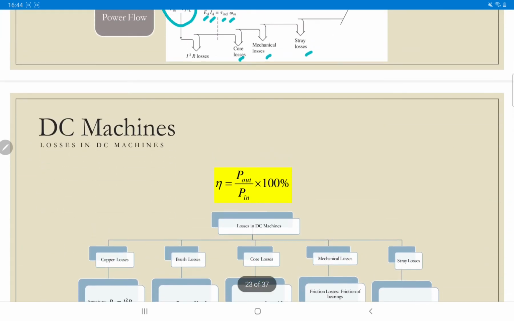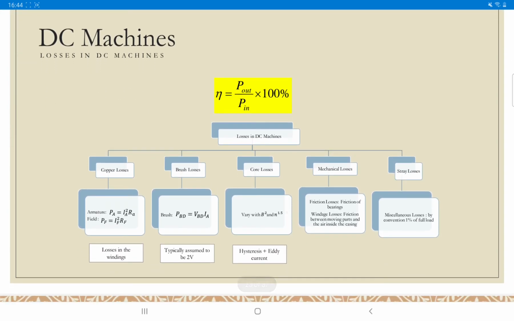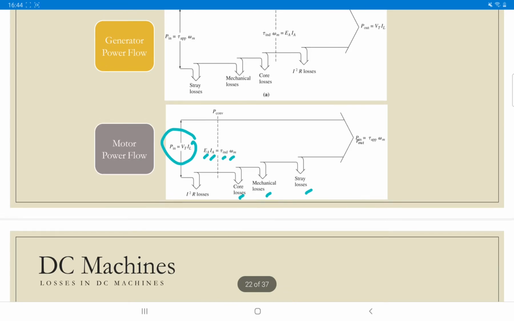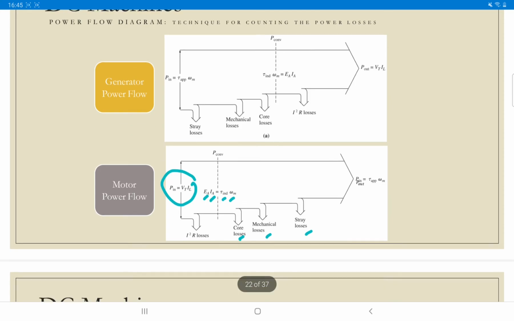So losses in DC machines can be clearly seen in the power flow diagram. Whenever you are required to draw a power flow, you have to draw it like this, because it shows how much power you lose from the input when you are operating your electrical machines.